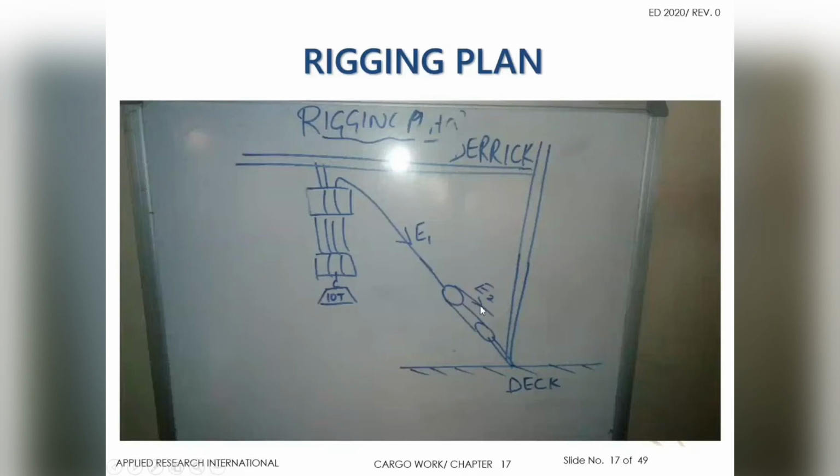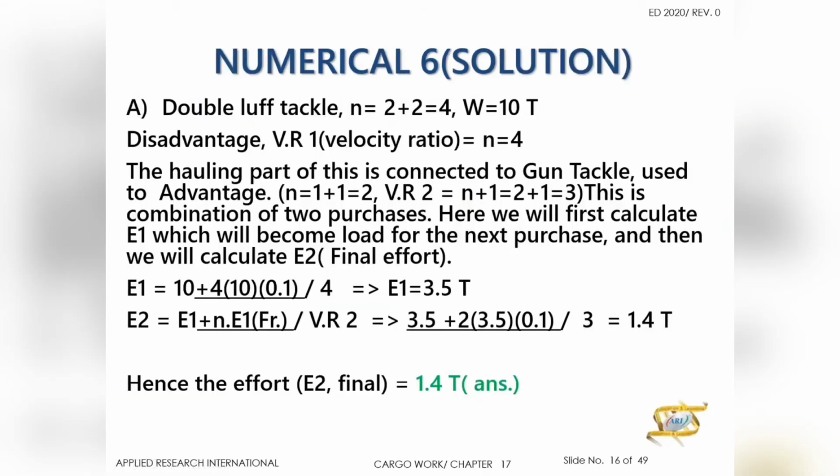And thereafter then I find out effort 2. Because I need to find out the final effort, that is effort 2. Step by step we will do. Find out effort 1 first, which becomes load for the gun tackle. Thereafter find out effort 2 and thereafter find out other things. So here we go. What all is given, we write. We are seeing this double luff tackle, N is equal to 2 plus 2 is equal to 4. W is 10 tons.